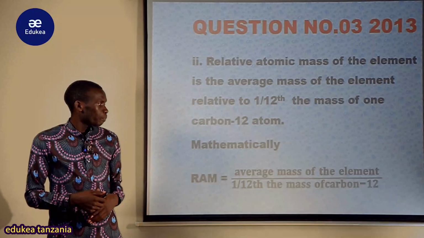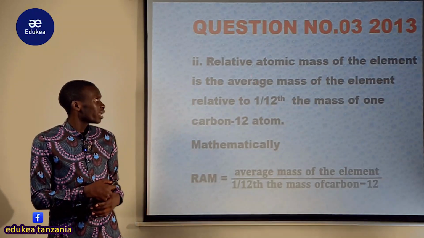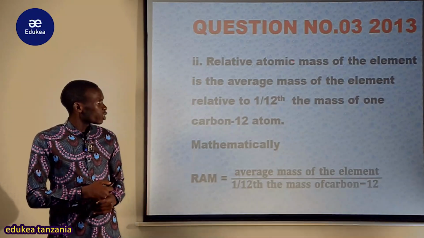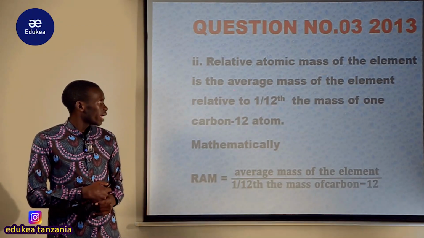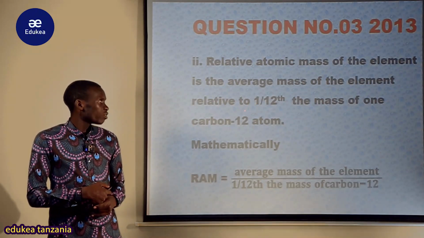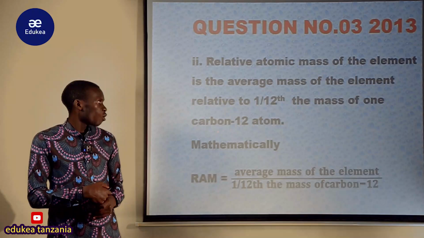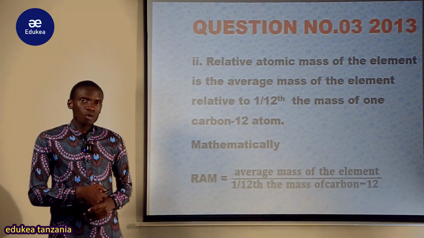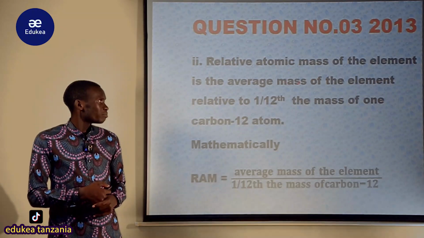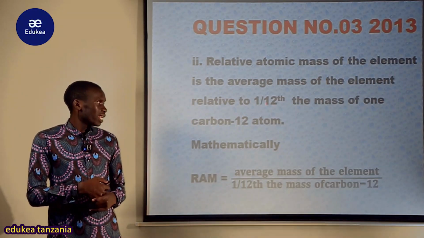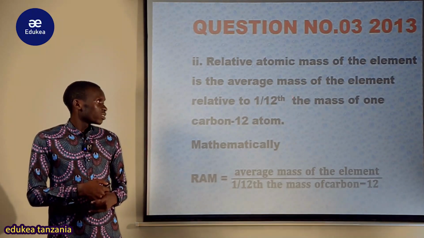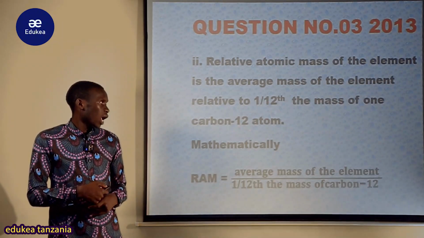And then for B, we were also required to define relative atomic mass. We say that relative atomic mass of an element is the average mass of the element relative to 1/12 the mass of carbon-12.